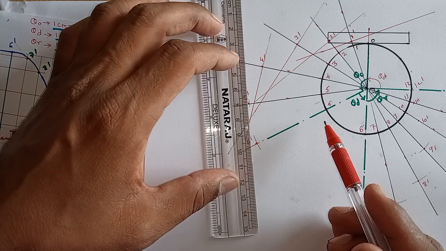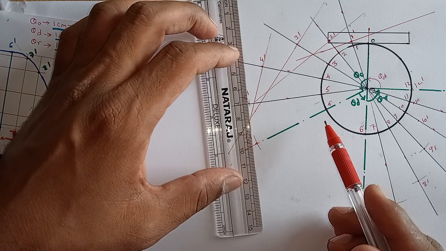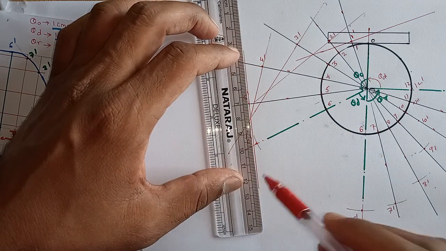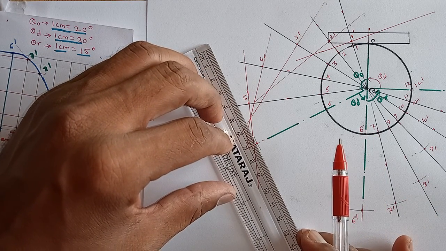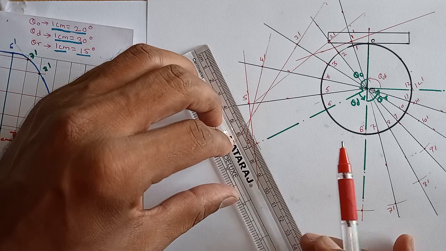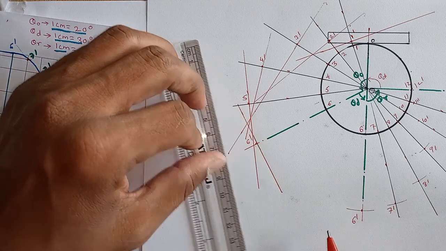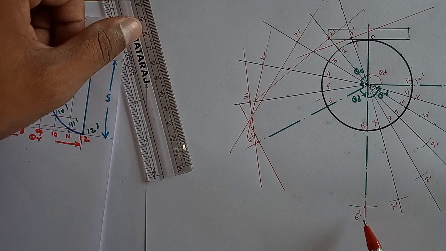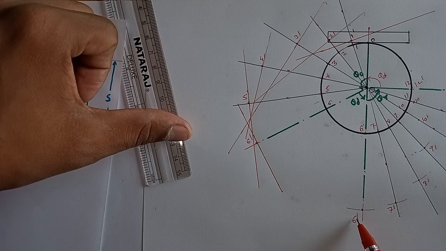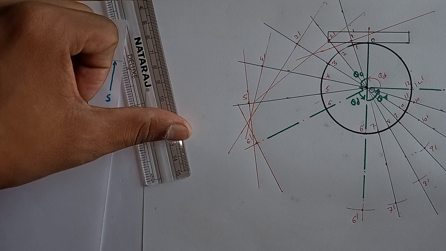Now 5 dash and 6 dash. Similarly, we draw the lines perpendicular to each of the lines of action at the instances from 6 dash to 12 dash.